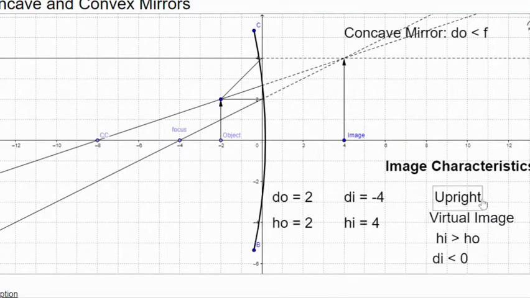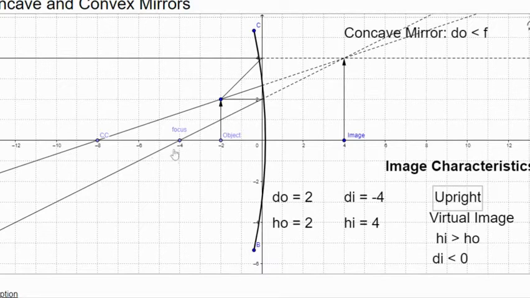It is upright, or right side up. It is behind the mirror because it's not an actual real image. Real images are formed where reflected light rays really intersect. These reflected light rays do not.